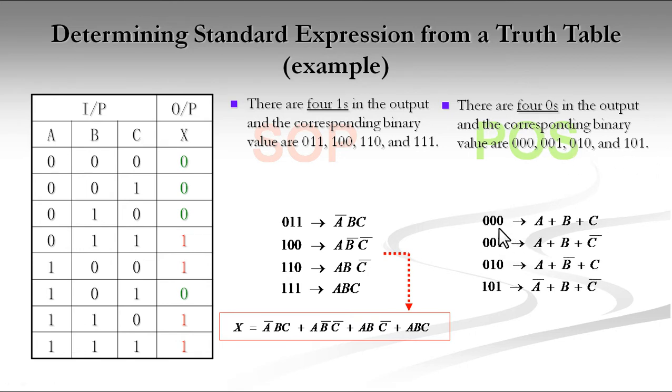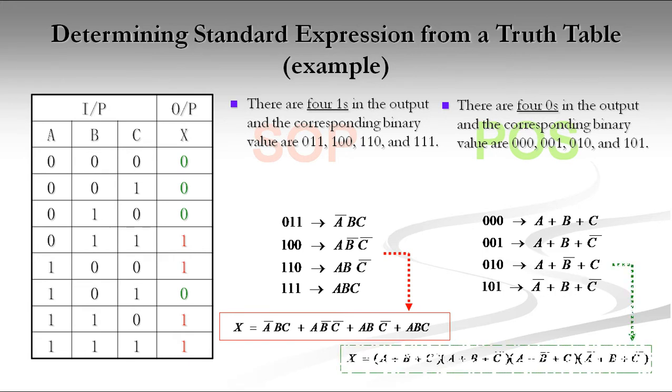Write the designated values for this. 000 will be A plus B plus C, because in maxterms 0 represents no bar and 1 represents bar. So it is A plus B plus C bar, A plus B bar plus C, A bar plus B plus C bar. These are the sum terms, multiplied together, and you will get the POS expression.